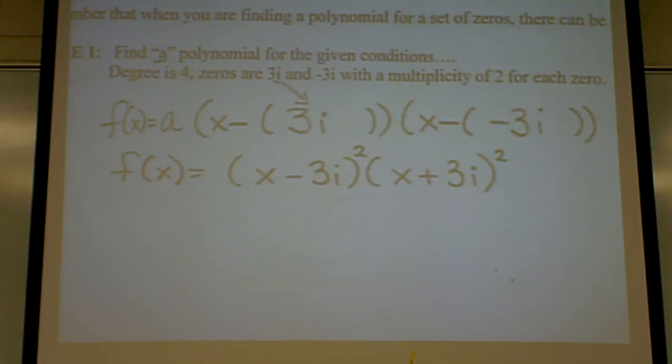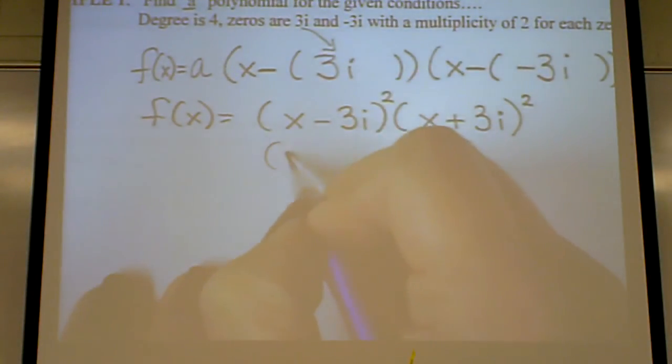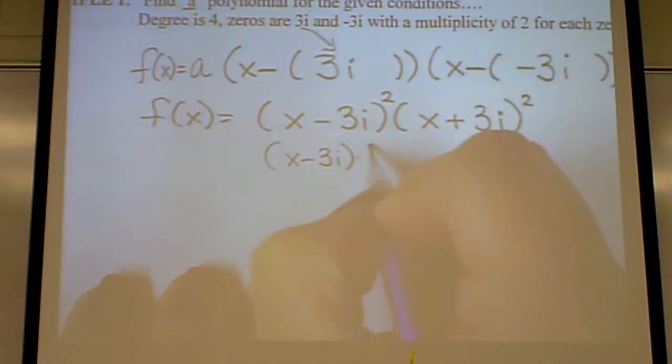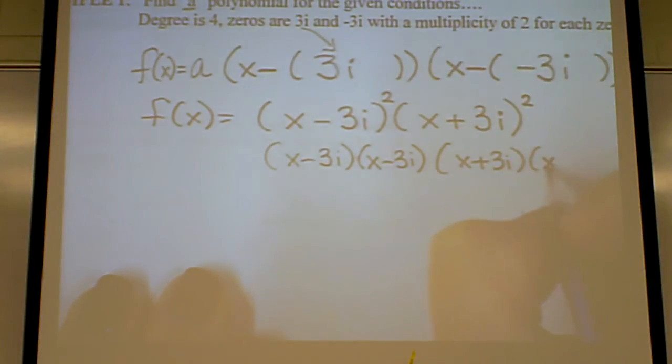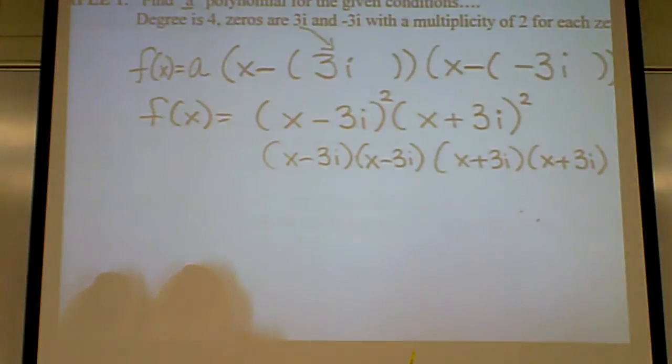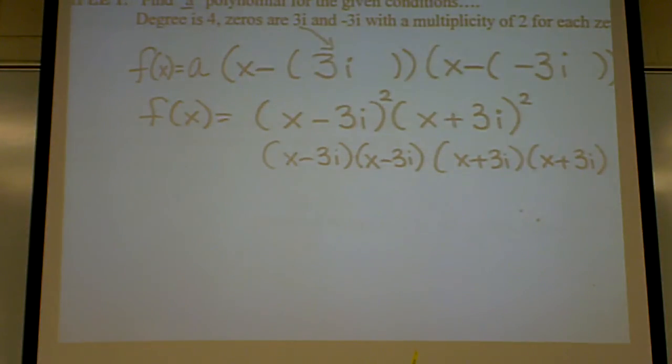So for you to take this problem and factor it completely, if you were to take x minus 3i and x minus 3i, and then x plus 3i and x plus 3i, it's gonna be a mess. But you could do something. Make it easy. Which 2?